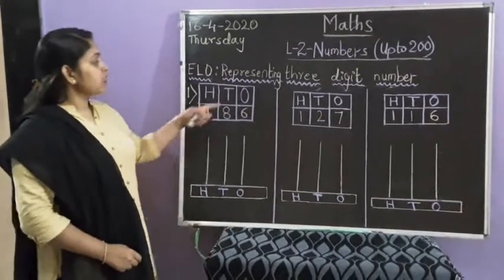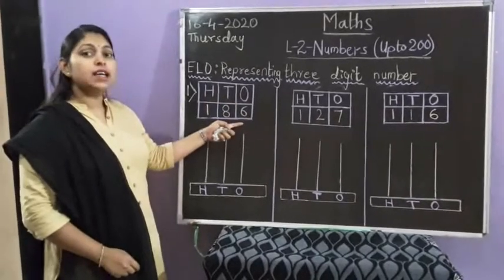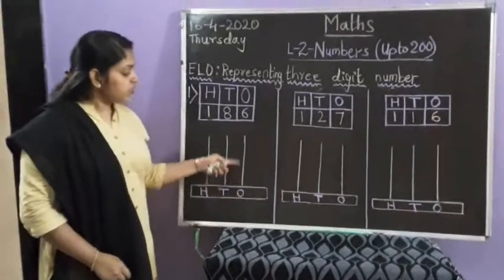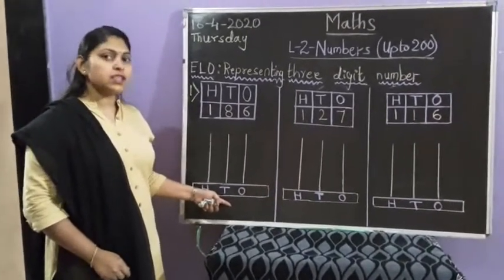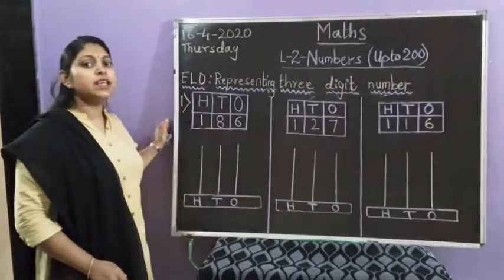Let's see. Now we have in ones place the digit 6. So here we will see this is our first spike, that is our ones spike. So in ones column we have the digit 6.